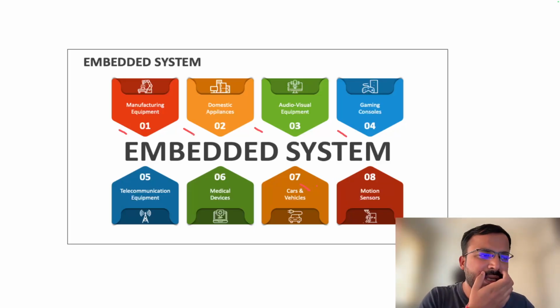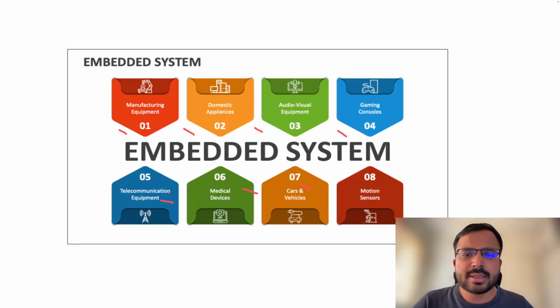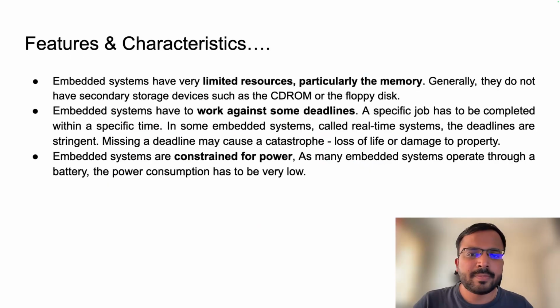Then your cars and vehicles and all the robots which manufacture these in the industries are all examples of embedded systems. Your medical devices, your ECG machines, your blood pressure monitors, and of course your telecommunication equipment, your pagers and all those. So we see that everywhere, somehow or the other, we are surrounded by common embedded systems.